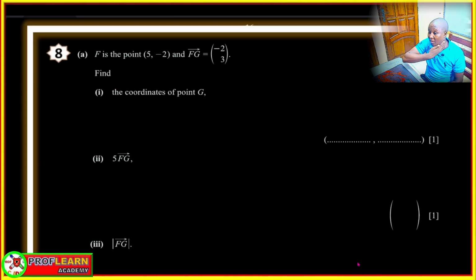You need to prepare for questions to do with vectors, and here we are given F as (5, -2), and the FG position vector is (-2, 3).